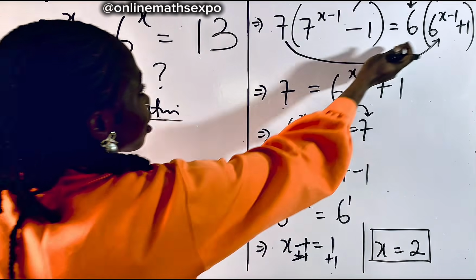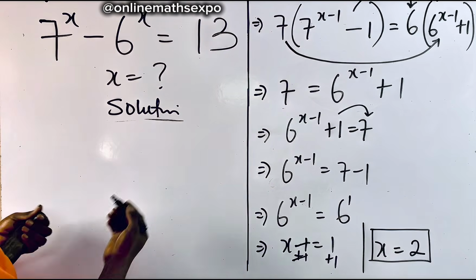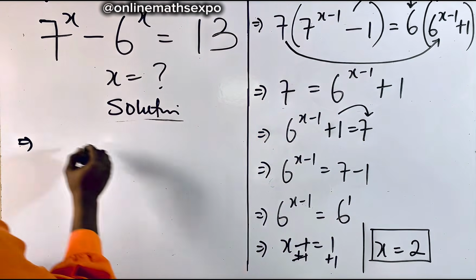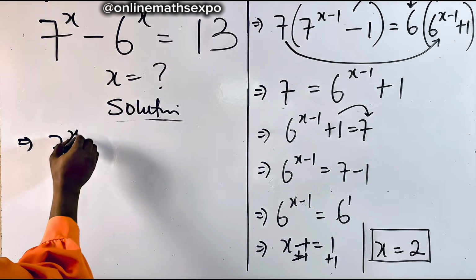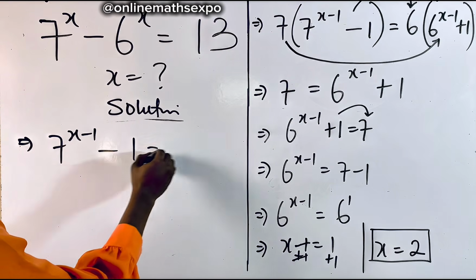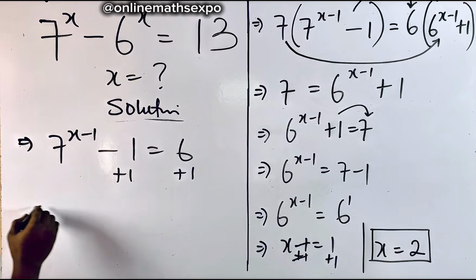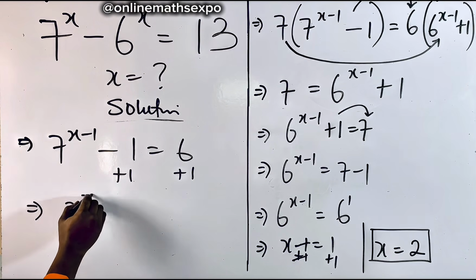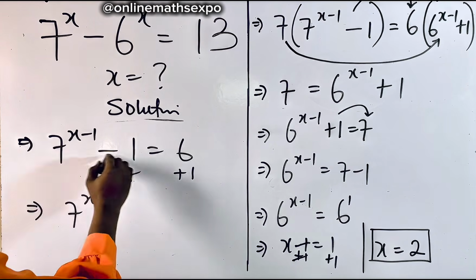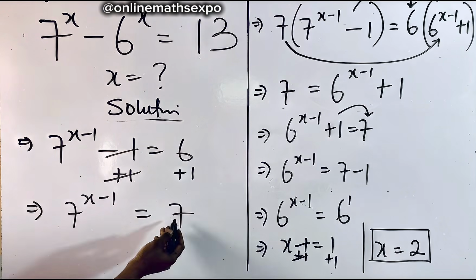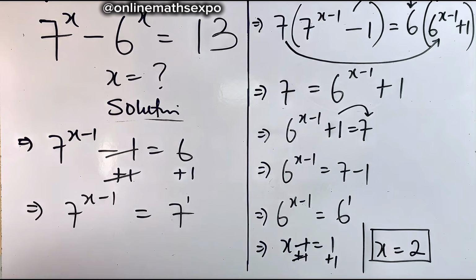So solving for the second equation, this will be equal to 6. So we have 7 to the power of x minus 1 is 6. So what we do is to add 1 to both sides. And when you do that, you have 7 to the power of x minus 1, this cancels. Add this, it gives you 7. So you say that 7 is the same as 7 to the power of 1.